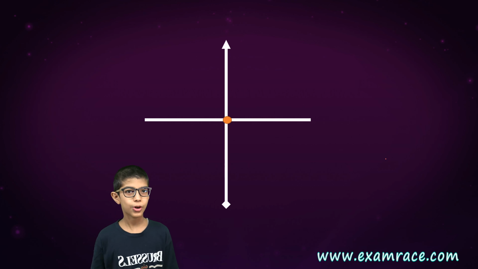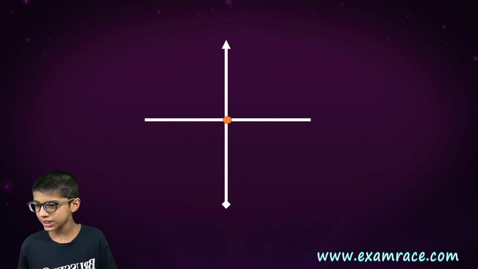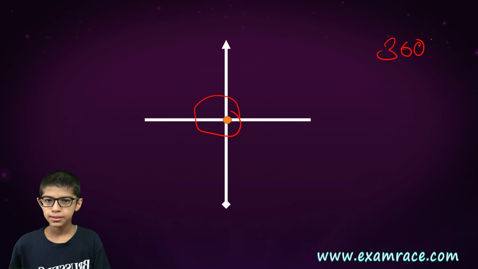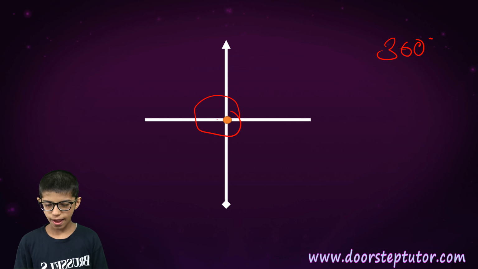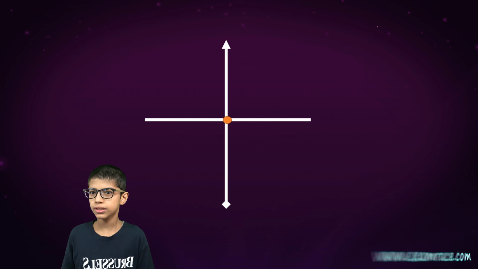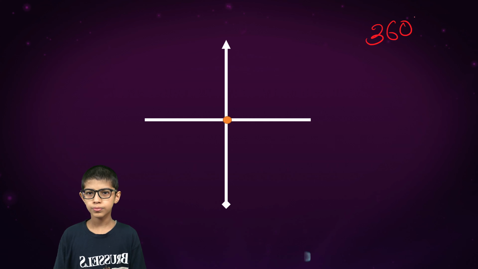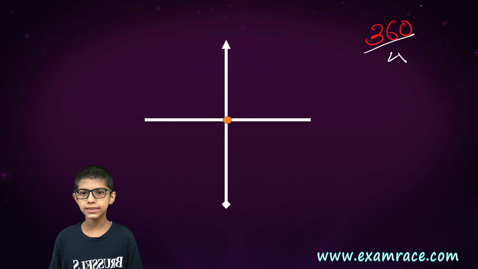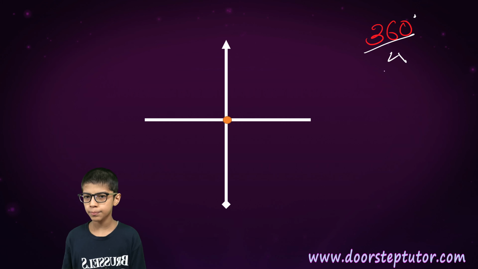Now, here, what do you see? Yes, a very interesting thing. The whole circle is 360 degrees. Now, if I divide 360 degrees into 4 equal parts, then how much would one part be?